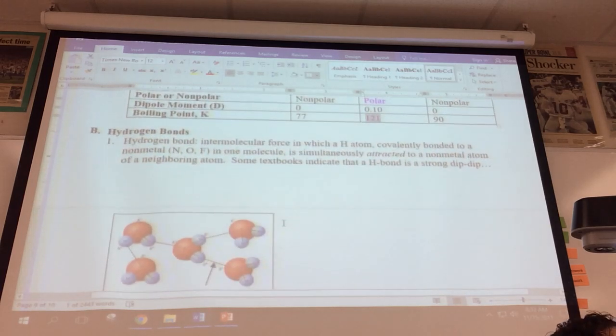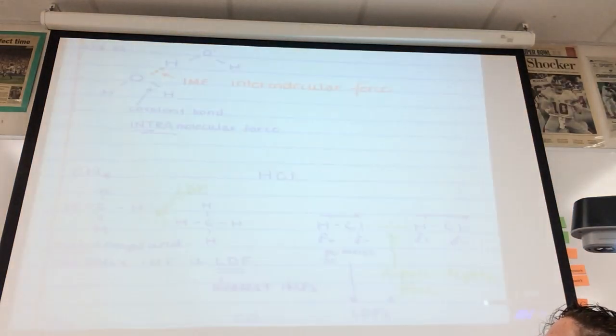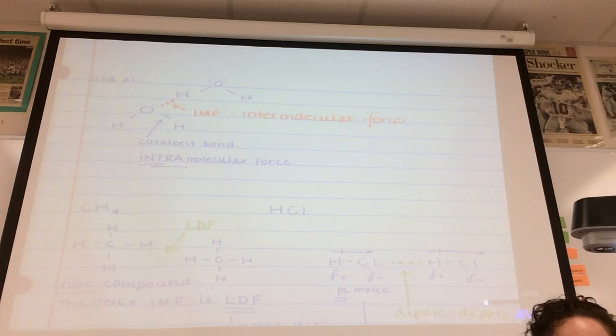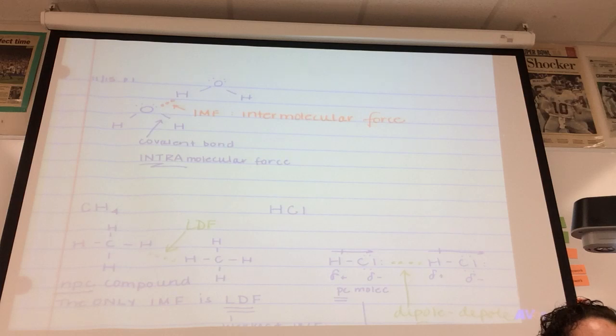There is a special type of dipole to dipole force, and it is known as a hydrogen bond. And that was what I referred to initially. I didn't know if you remembered it, but I would think that you learned about hydrogen bonds very briefly in biology when you were talking about water and DNA.